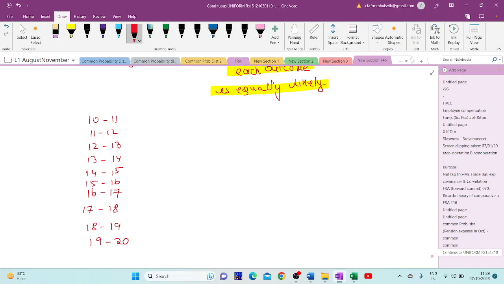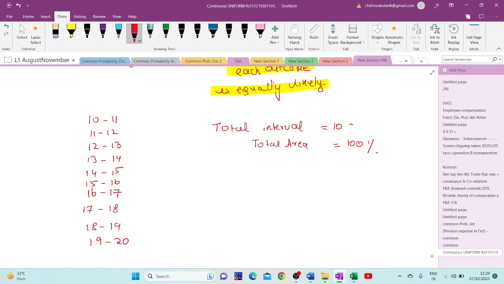Okay, so see, there are 10 intervals. So total intervals are 10, and the total area, we know that under any probability distribution total area is going to be 100%, right? Why? Because we know that the sum of all possible outcomes in any probability distribution adds up to 1.